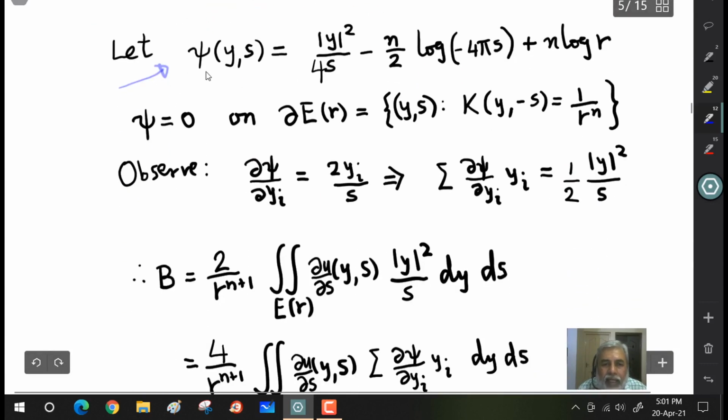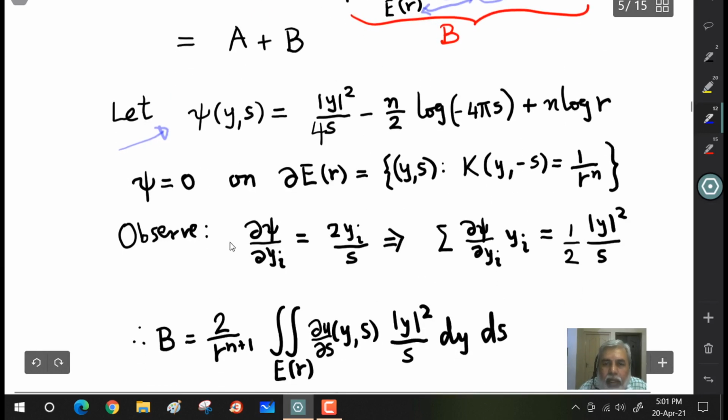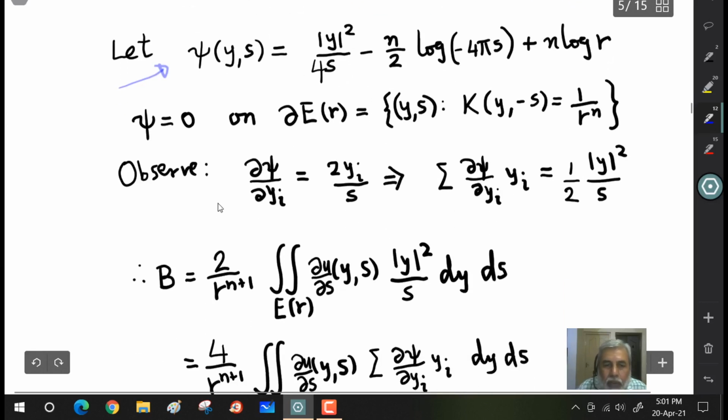Then you see that psi is 0 on this boundary of E(r), which is given by the equality sign. So we replace this |y|^2/s in terms of this psi, and psi is related to the boundary of E(r). So now you observe that del psi by del y_i is 2y_i over 4s. Let's keep that for here.